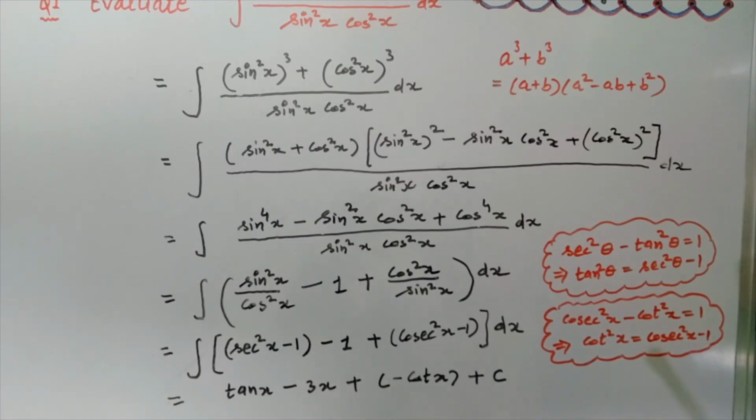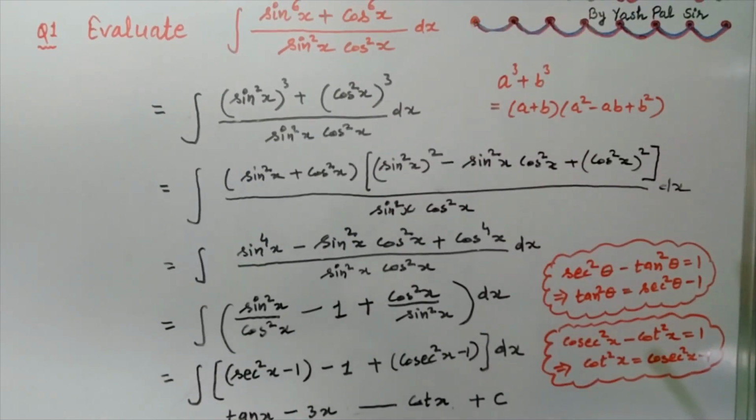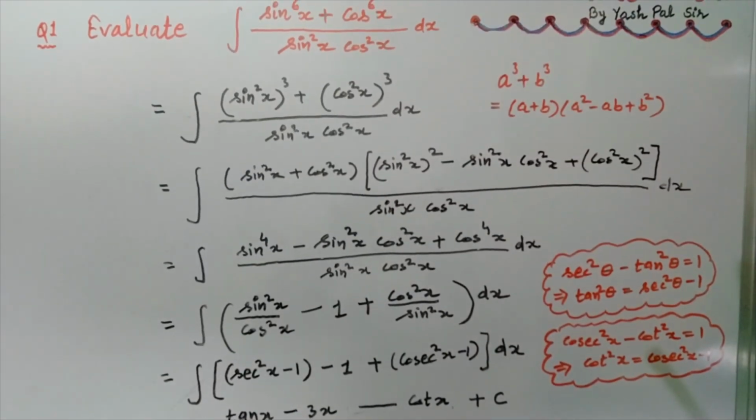Lastly we write c, the constant of integration. So the conclusion is tan x - 3x - cot x + c. So this was our question number 1.